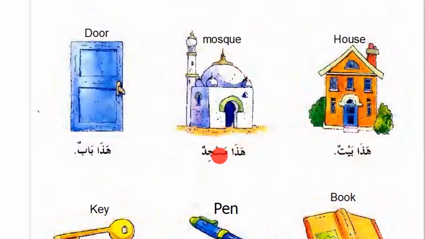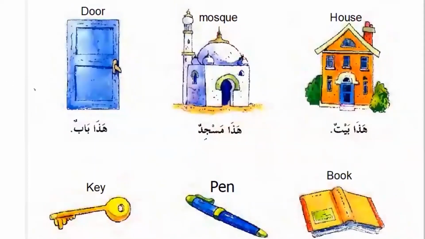This is a masjid, this is a mosque. Haza babun. This is a door. And here, haza kitabun. This is a book. Kitabun is a reading book.